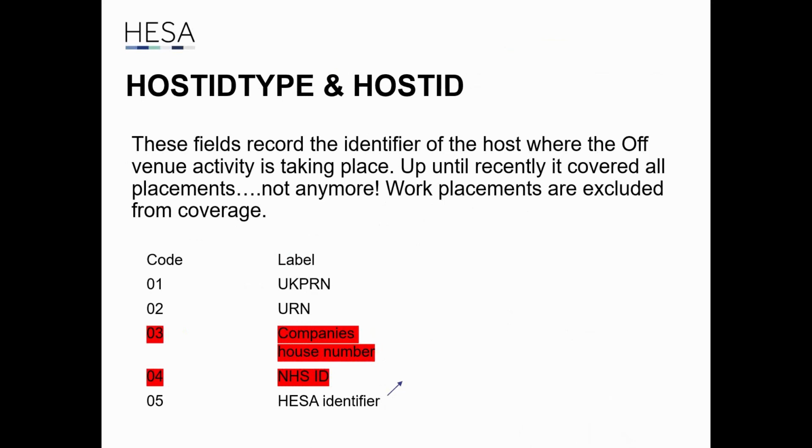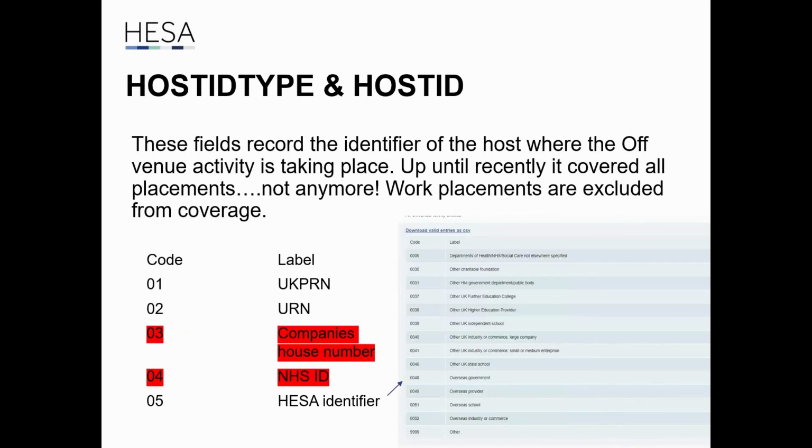You've got URNs, which can be used for the teacher training placements, and you've got a HESA identifier. If a provider returns an 05 in the host ID type, then it opens up a number of different possibilities to return in host ID. This is where you can really break down even further what a student is doing if they weren't at a partner UK provider with a UK PRN, or if they weren't at a school on placement.